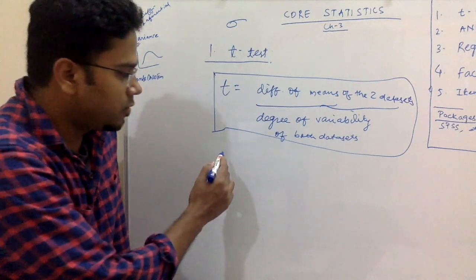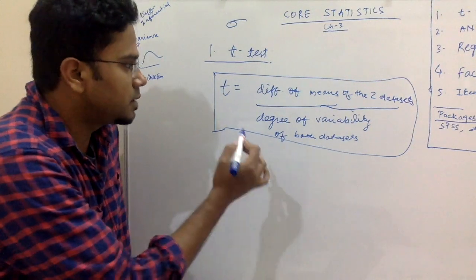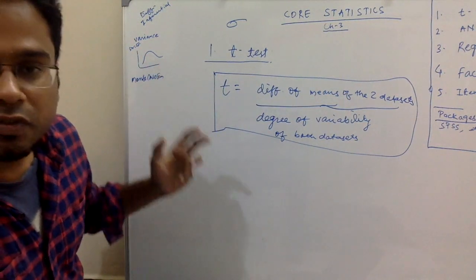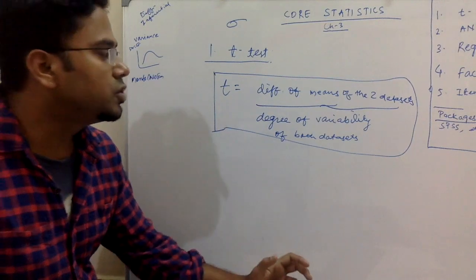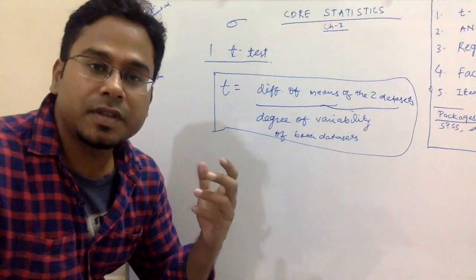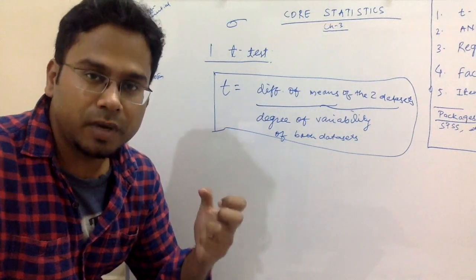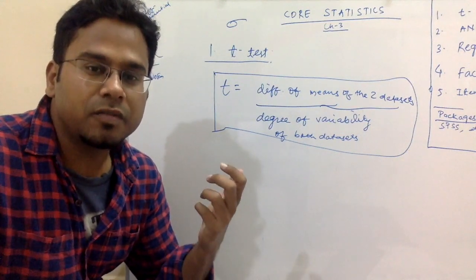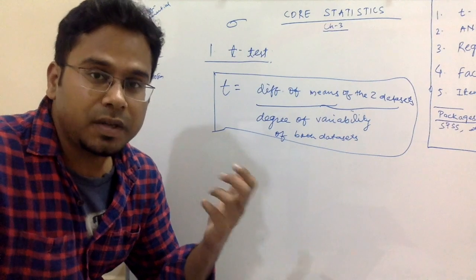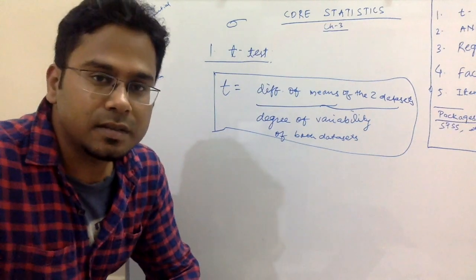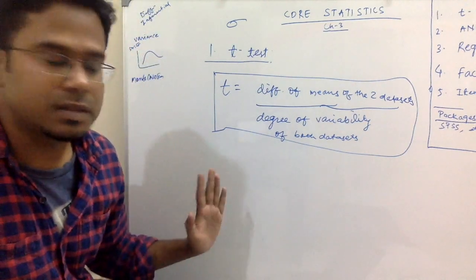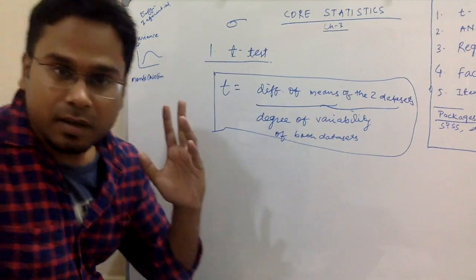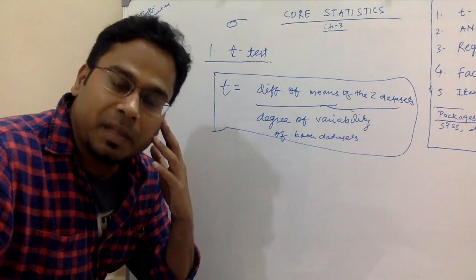Okay, if you want to write it in words, you can write: a t-test tries to find out the ratio of the difference of means of two data sets and the degree of variability of the data in these two data sets. Okay, this is what a t-test is. You can write it in a sentence because psychologists need not necessarily know the mathematics behind it.